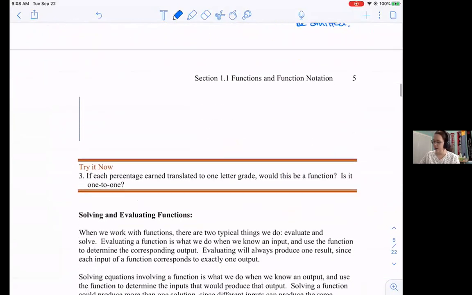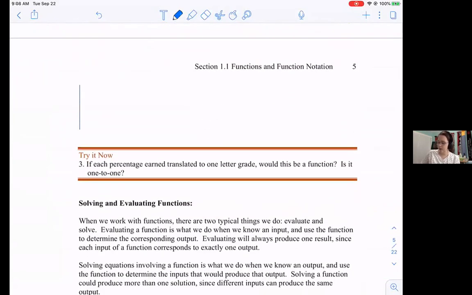Great question. All right. If each percentage earned translated to one letter grade, would this be a function? So if I earned a 55%, do I know what letter grade I'm going to get? Yeah. If I got an 80%, do I know the letter grade I'm going to get? Yeah.